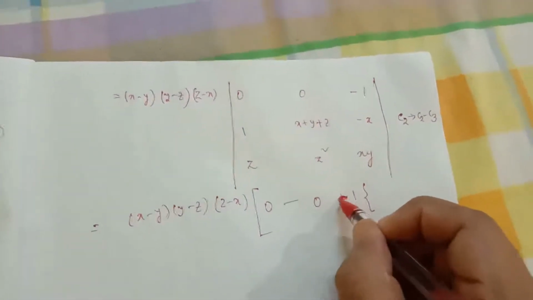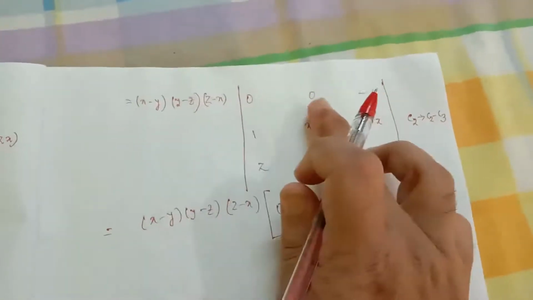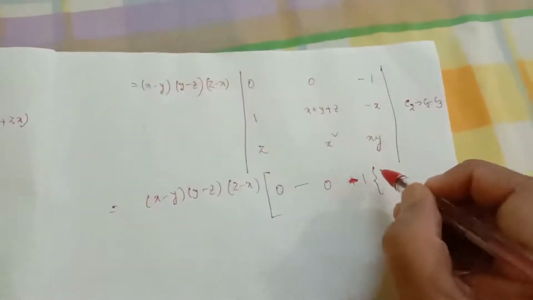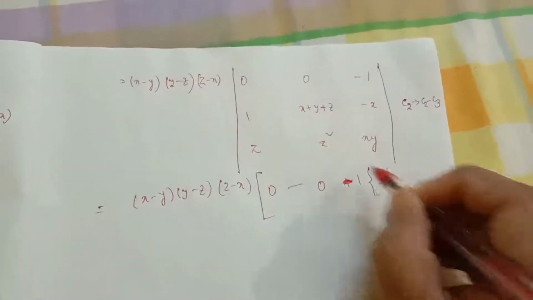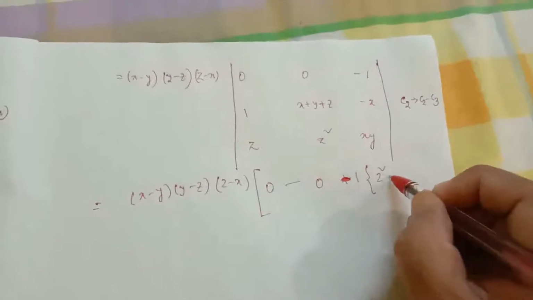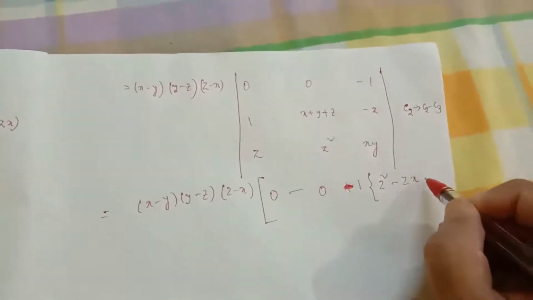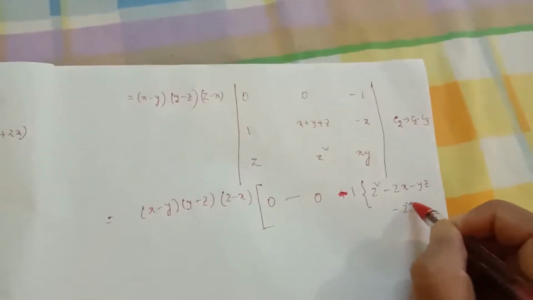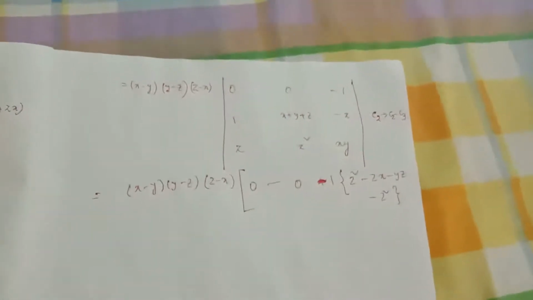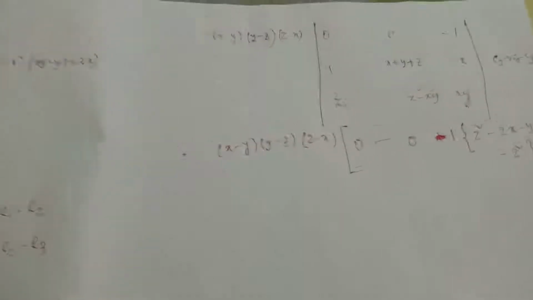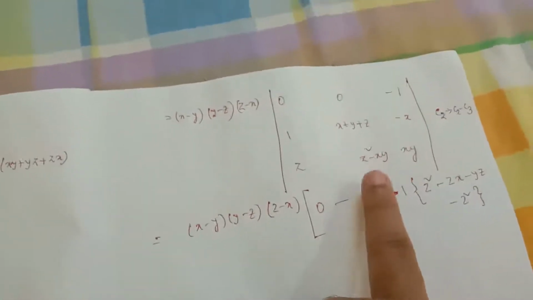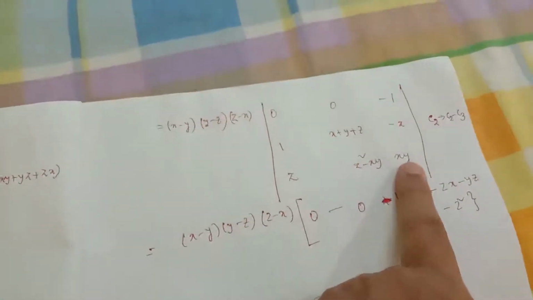You can see minus of 1 into 0, minus of 0 plus of this element, which is minus 1 into this z square, minus zx minus yz, minus of z square. I think I have committed a mistake here. Actually, this will be z square minus xy. If we replace C2 minus C3, this will become z square minus xy.